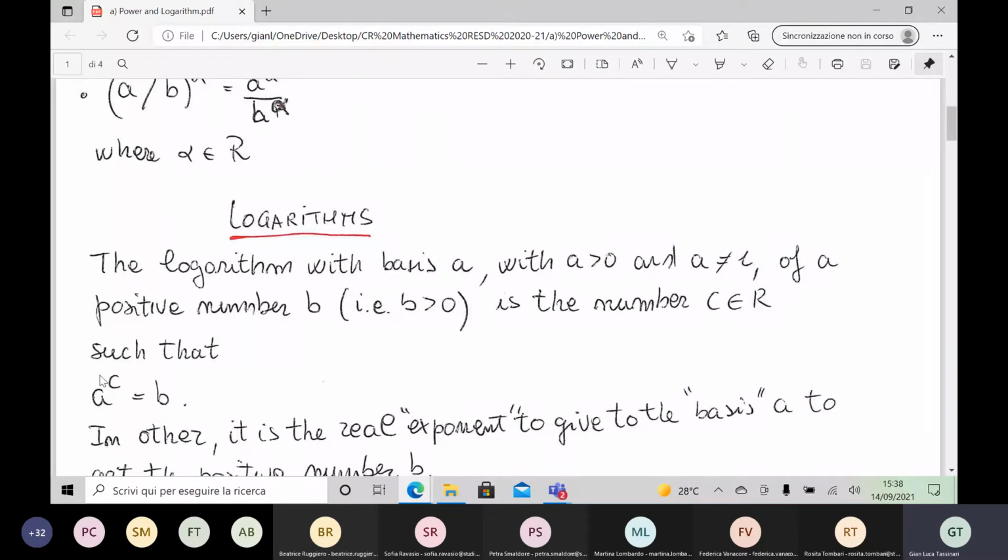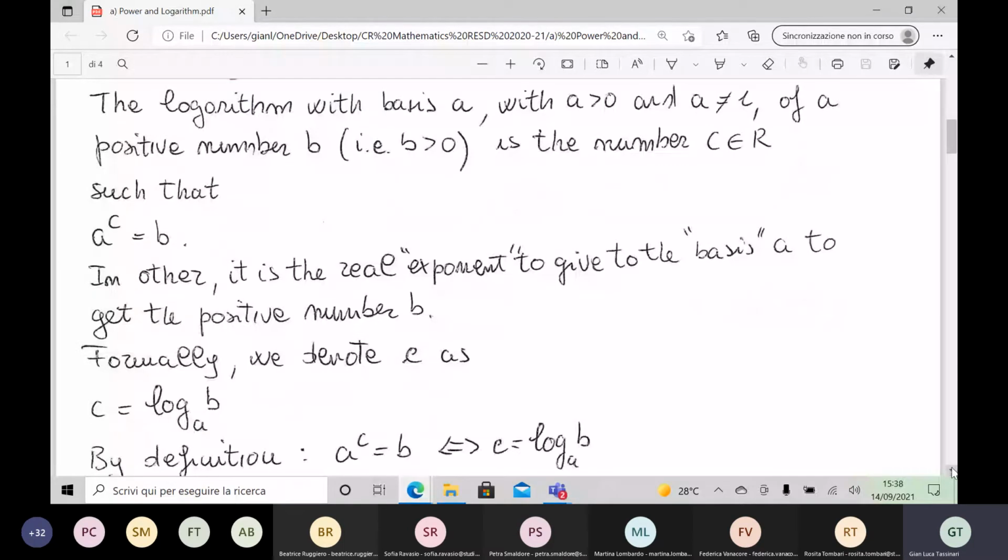c, remember, belongs to R. So in other words, it is the real exponent c to give to the basis a to get the number b. Formally, the logarithm with basis a of b is written in this way. c, which is the logarithm with basis a of b, is the exponent c you have to give to the basis a to get b. So this expression and this expression are perfectly equivalent.